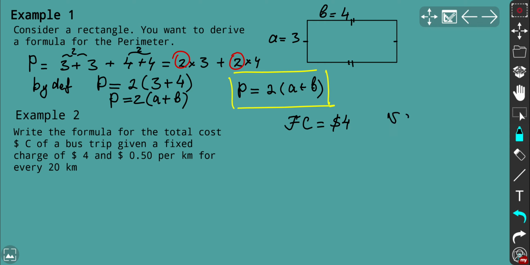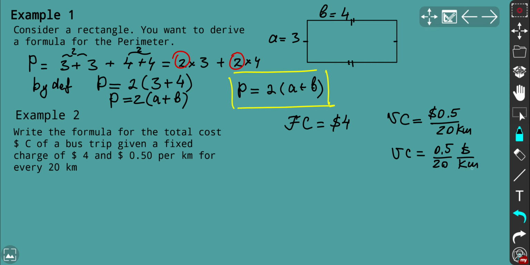So you can say that this parameter is variable cost, which is $0.50 per, means we divide it by 20 kilometers in order to find basically the unit cost of each kilometer. So we can say that variable cost might be considered as 0.5 over 20 dollars per kilometer.